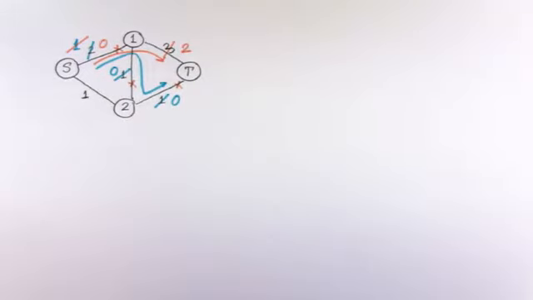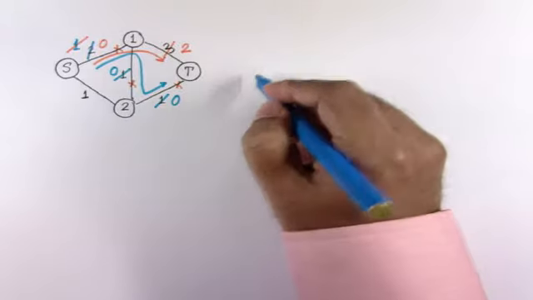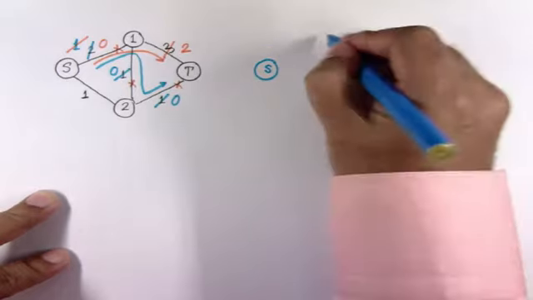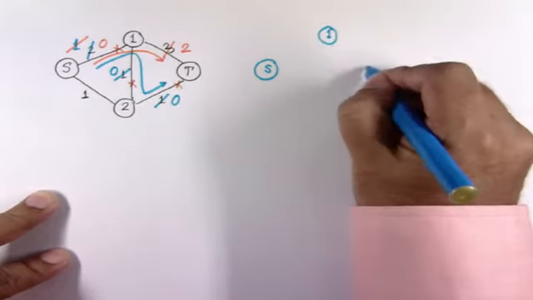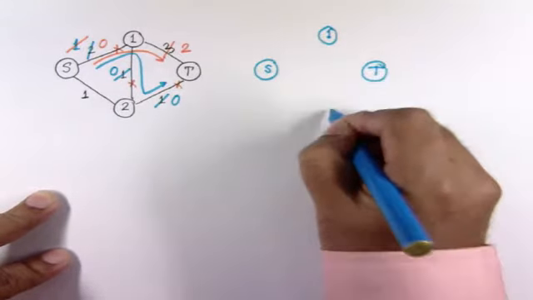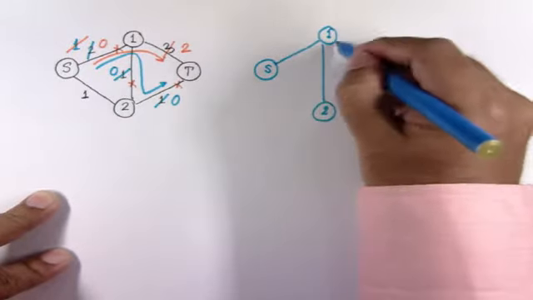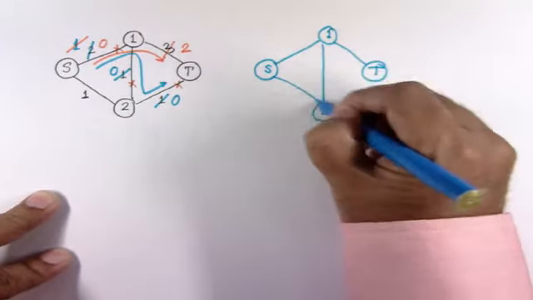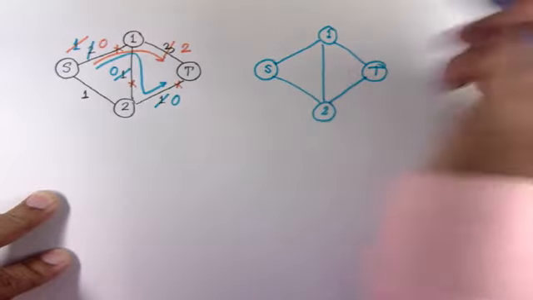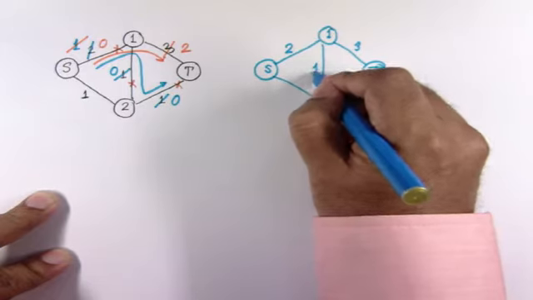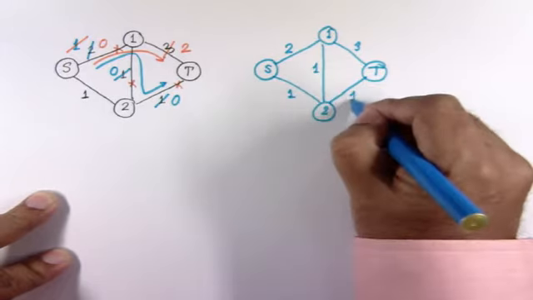But if you look at the original network, which let me redraw here on this side, this was what we had. This had capacities of 2, 3, 1, 1, 1.